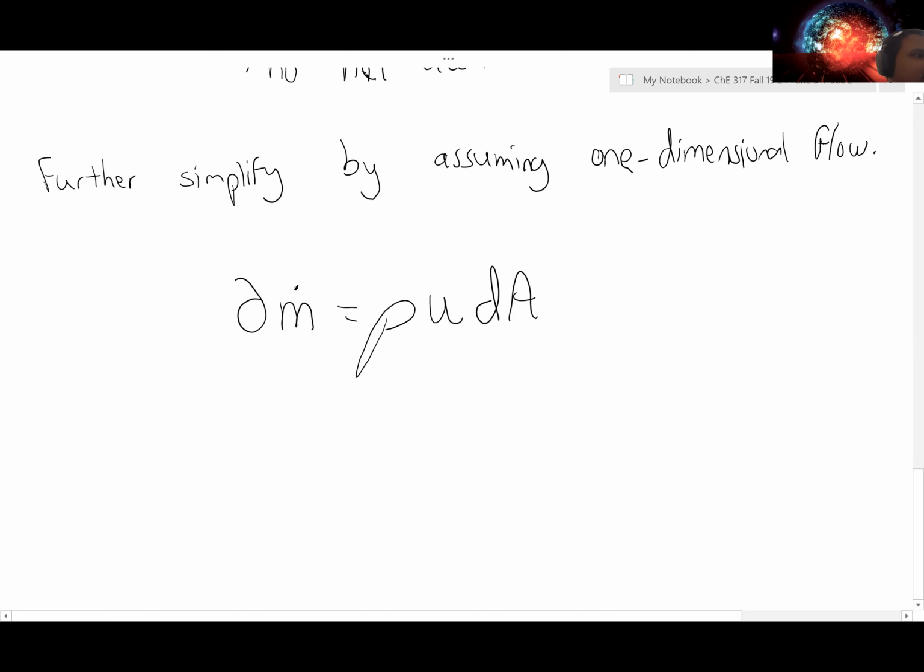Where if we integrate both sides, we're left with an expression that says the mass flow rate is simply the density times the velocity times the area.